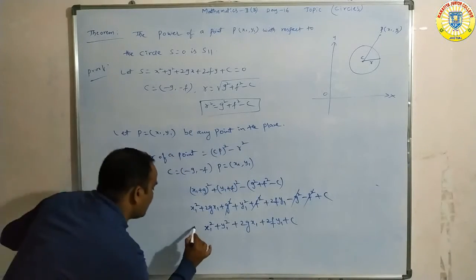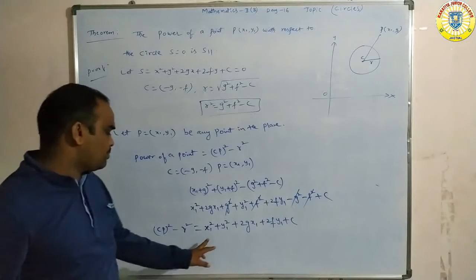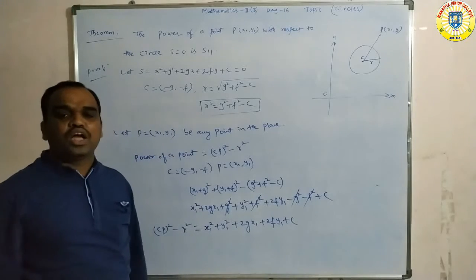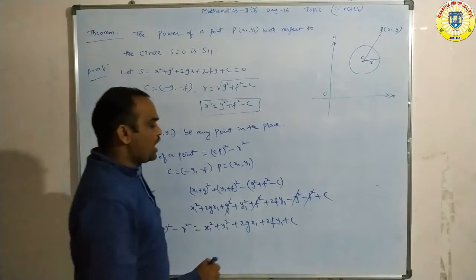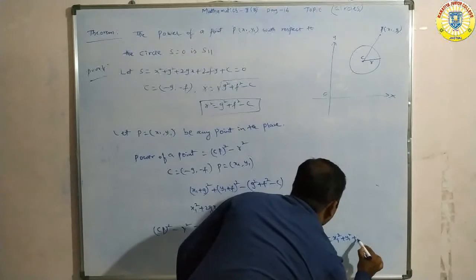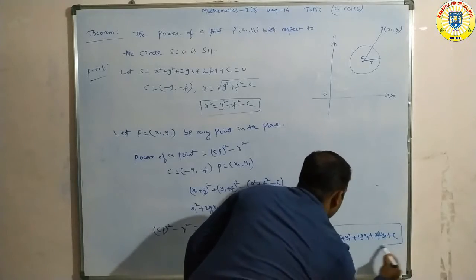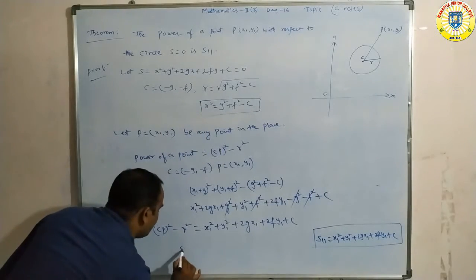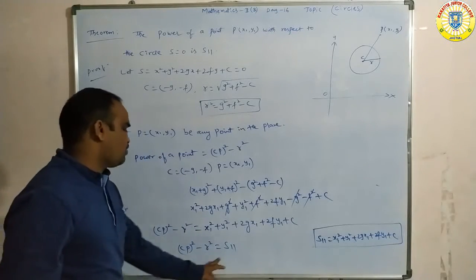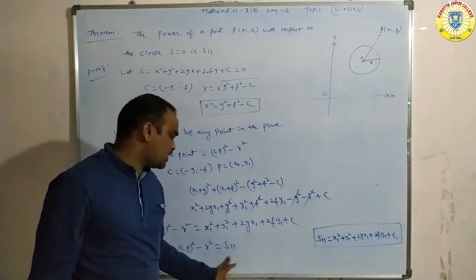This is the value of Cp square minus r square. x1 square plus y1 square plus 2gx1 plus 2fy1 plus c is nothing but the notation S11, which we discussed in the last class. So Cp square minus r square is S11.